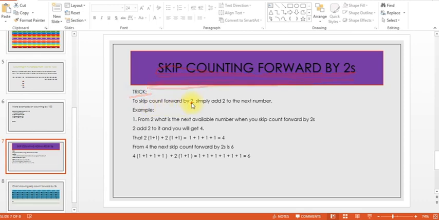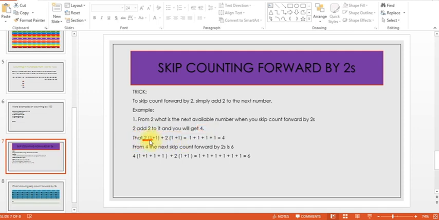To skip count forward by 2s, simply add 2 to the number itself. Example, from 2, what is the next number when you skip count forward by 2s? So here 2, you add 2 to it and you get what? 4. So you can see I've expanded how it is done.